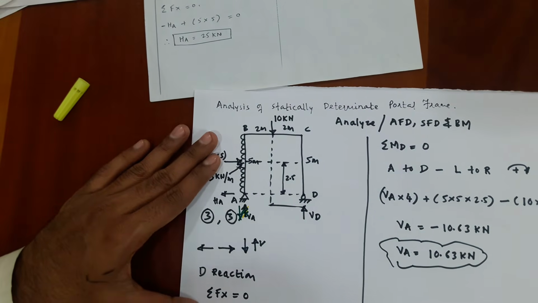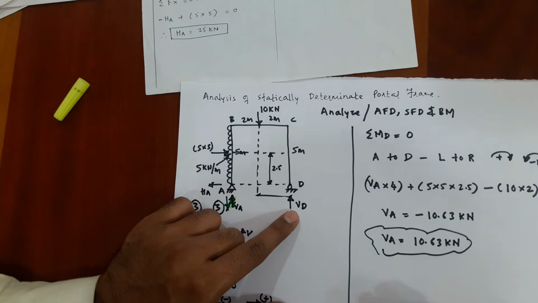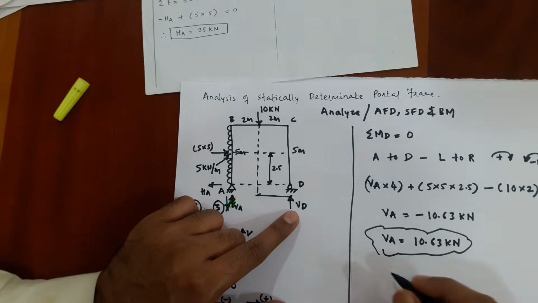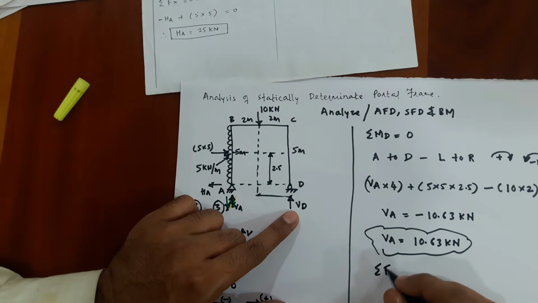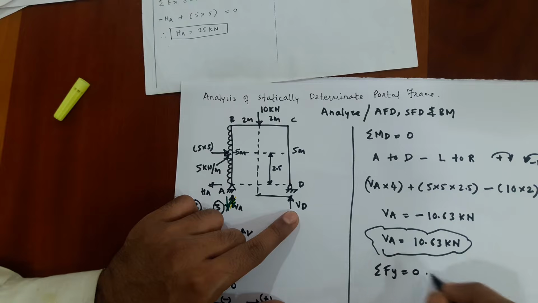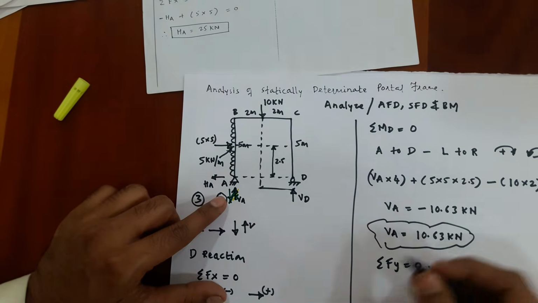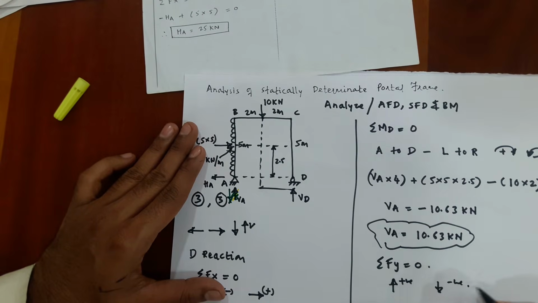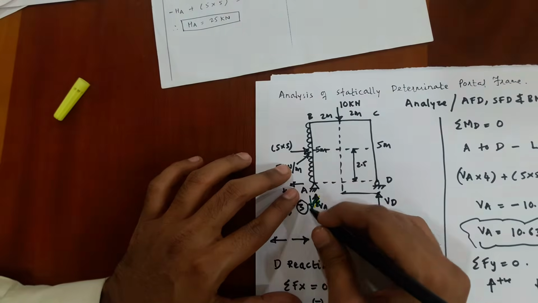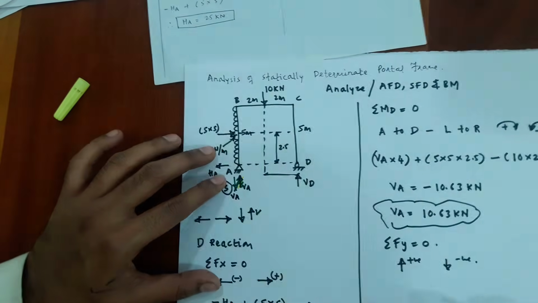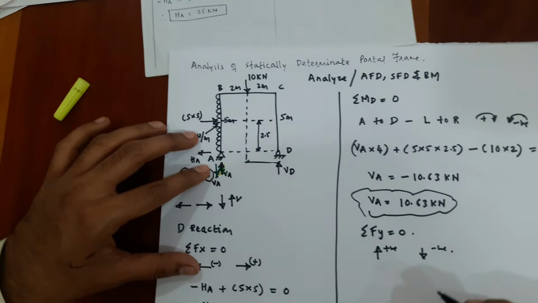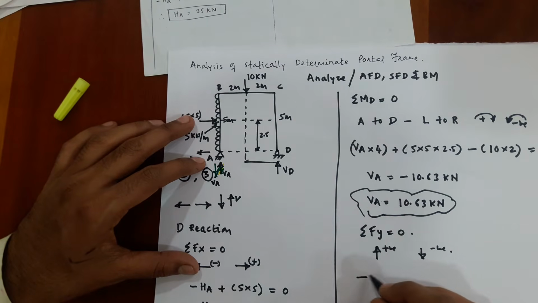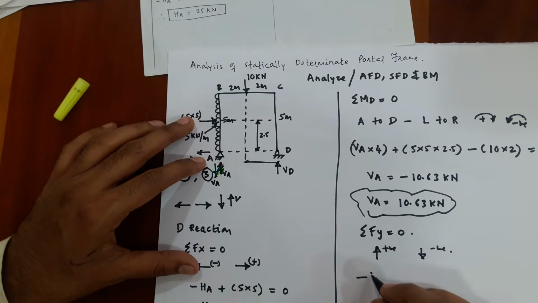Now we need to find VD. VD is also one reaction that we need to find. How to find VD? We have to use summation of Fy equal to 0. In summation of Fy, the force which is going upward, take it positive. The force which is going downward, take it negative. VA is going downward. All the forces in vertical direction we have to take. Minus VA, we know the value of VA, 10.63 kilonewton.